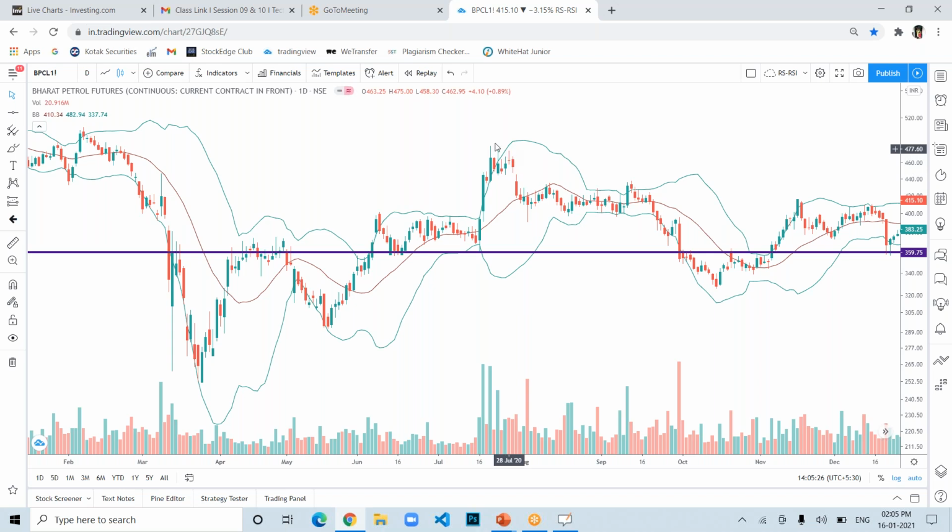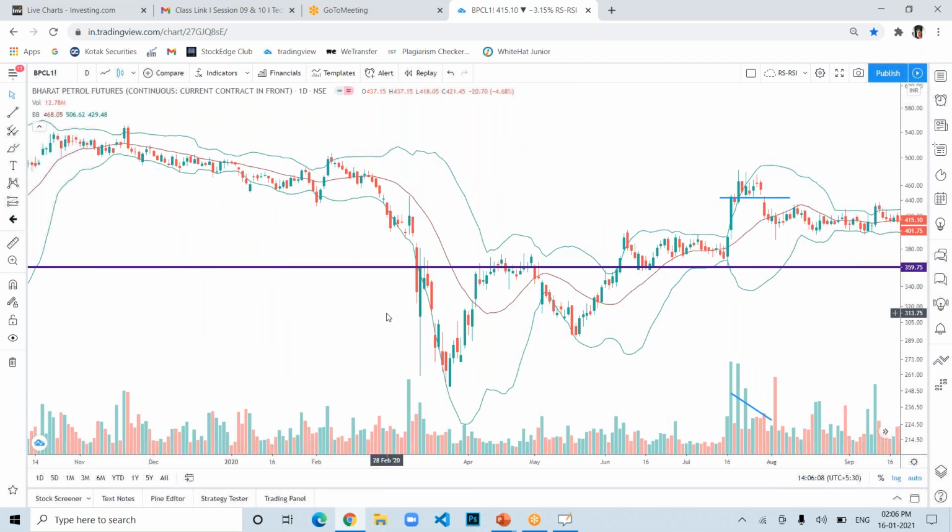The second time, when the prices are almost at the same level, the band is upper and the price is within the band. The volatility has dropped. The volume has dropped here. And this is the breakdown level. The moment this gets breached, it is a sell. So this is the M top Bollinger Band, and the previous one was the W bottom.